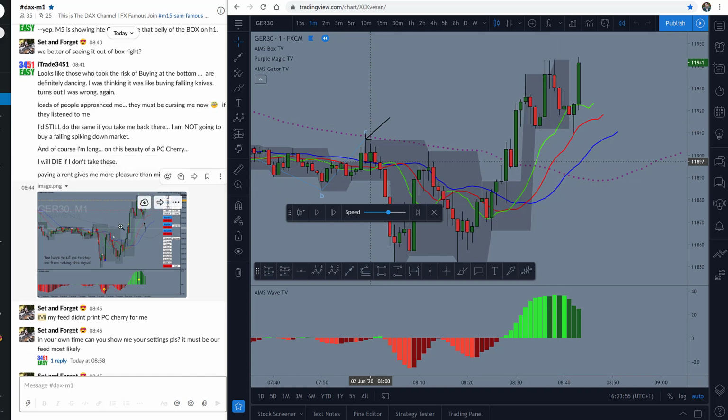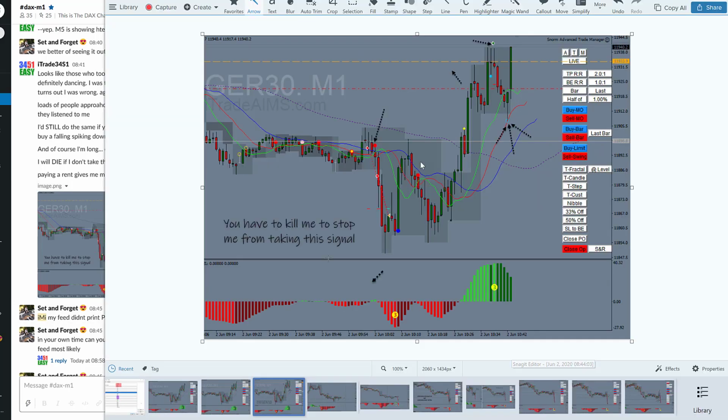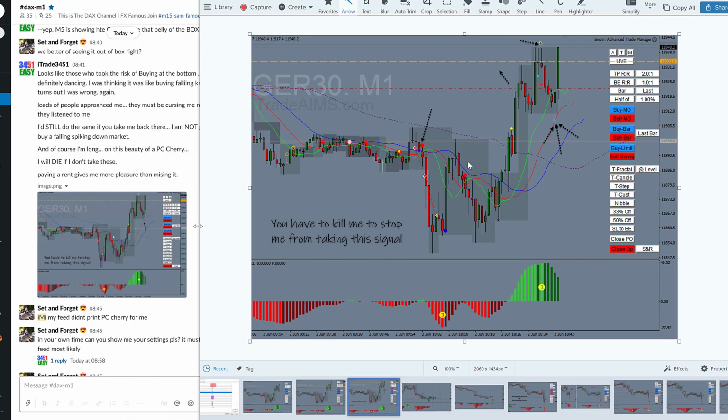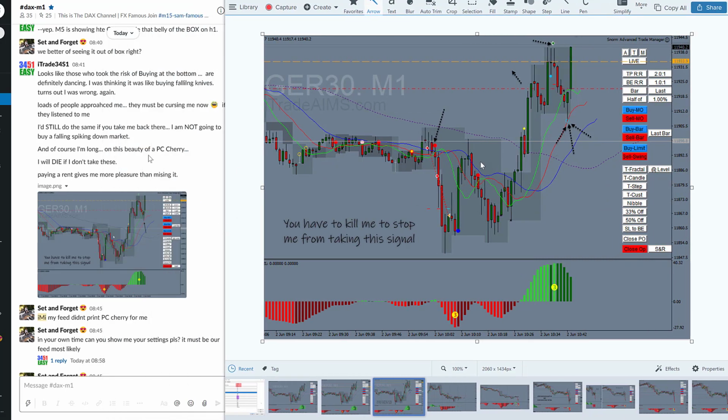Okay, so I look at this cherry, and let me bring that. That's the same chart that you saw here. So I look at this cherry and I say, I will die if I don't take these. So this is one of my setups. The PC cherry is one of my most favorite entries, especially with this clear cut 1, 2, and 3 going on, right?